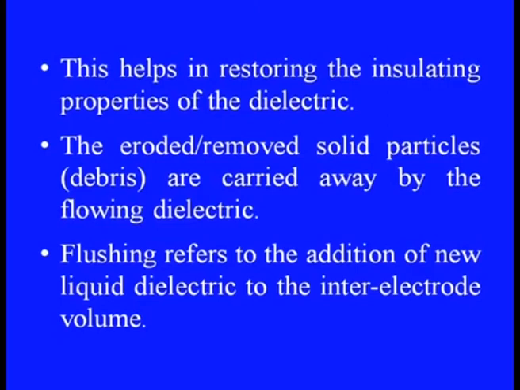As the flow of current is momentarily stopped, some fresh dielectric liquid particles come in position between the inter-electrode gap, and the cycle repeats. This helps in restoring the insulating properties of the dielectric. The eroded or removed solid particles, which are also called debris, are carried away by the flowing dielectric, as I have already indicated. The flushing refers to the addition of new liquid dielectric to the inter-electrode volume.